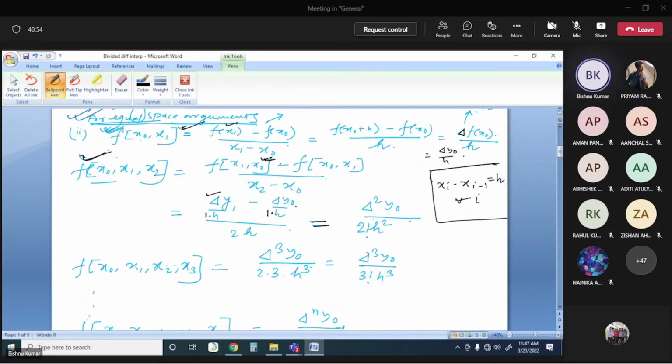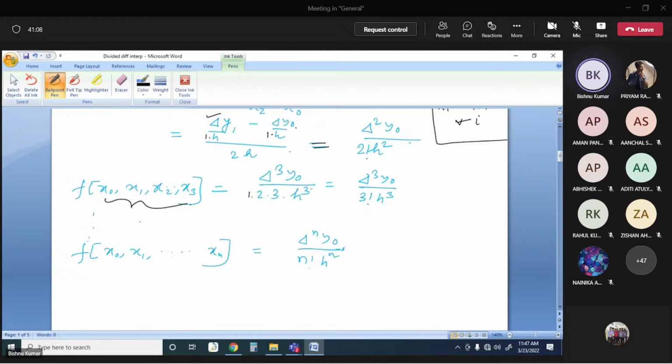Similarly for 4 arguments, using the previous difference value, it will be del cube y0 by 1 into 2 into 3, that is factorial 3 h cube. Similarly, step by step for higher differences, for n plus 1 arguments it is del n y0 by factorial n h to the power n.